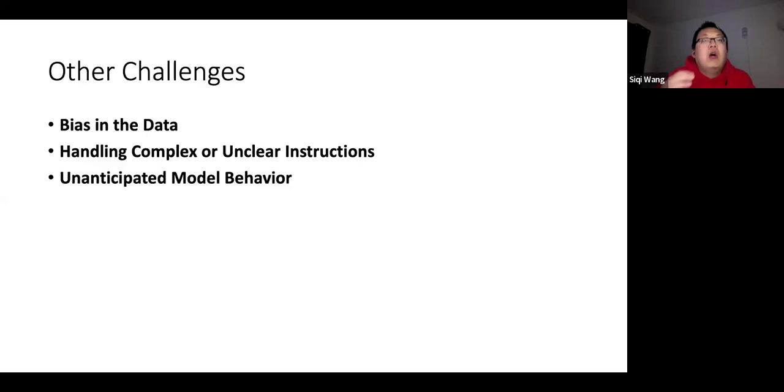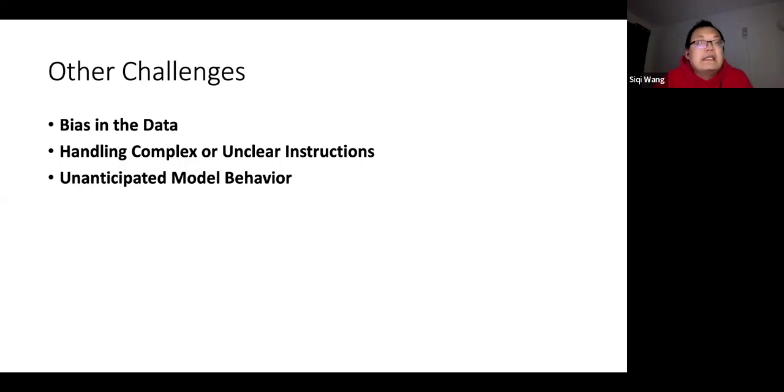While those are the big three, there are some other smaller but still important issues. First is bias in data. If the instruction data is biased, the model output could also be biased. The second is handling complex or unclear instructions. Sometimes instructions can be ambiguous or require reasoning across multiple steps, and the model often struggles with those.